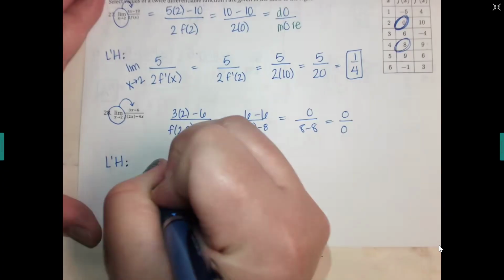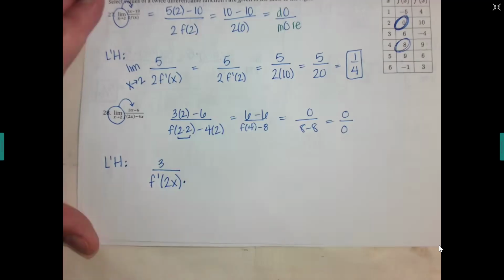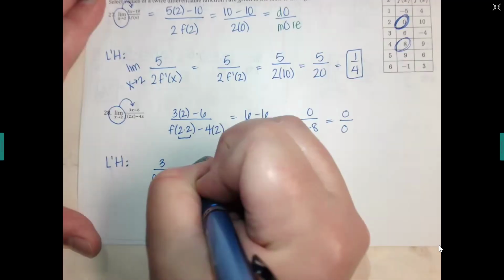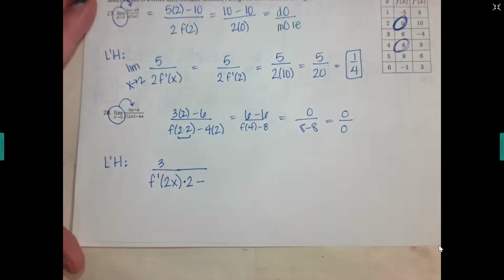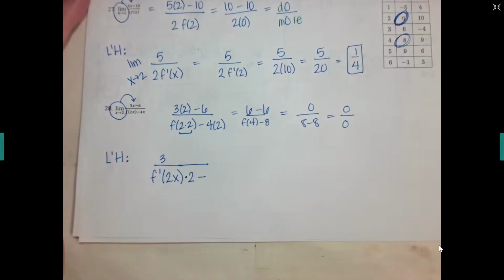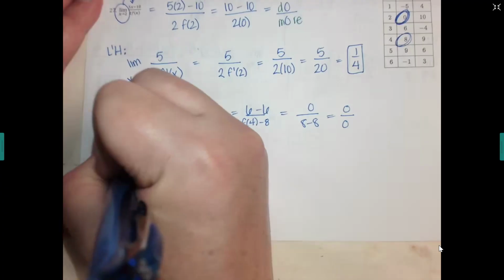F prime of 2x. And then I go in a layer. What's the derivative of 2x? Times 2. Okay, then the minus 4x. What's the derivative of that? -4.